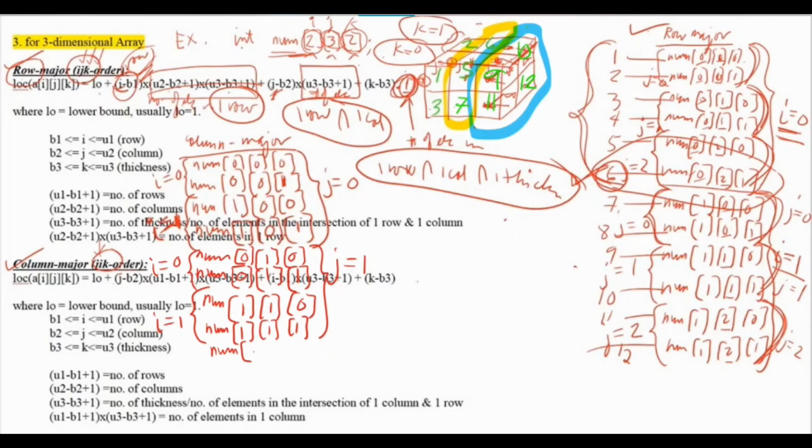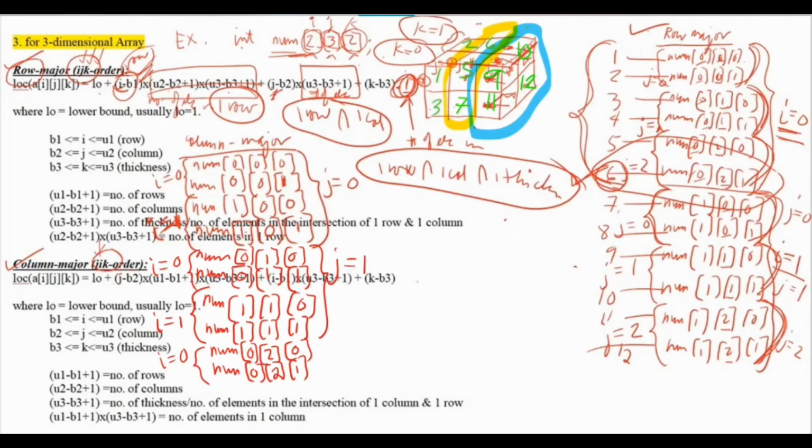Num 9 is at the row i equal to 0, the j is 2, and the thickness is 0. Number 10 is num, row is 0, column is 2, and the thickness is 1. These two are the elements on the first row of the third column.